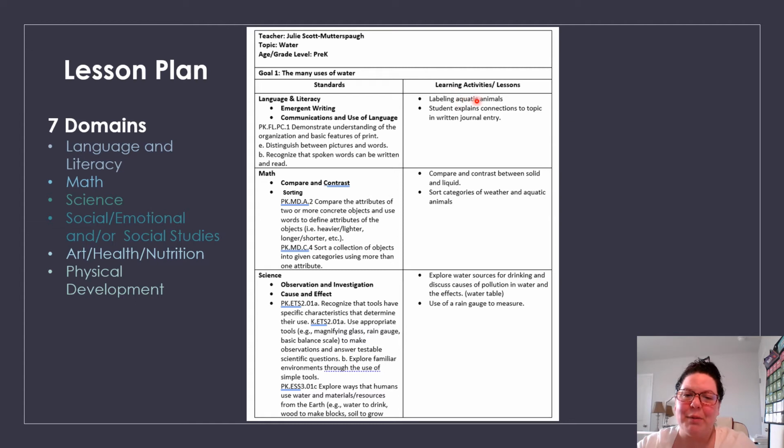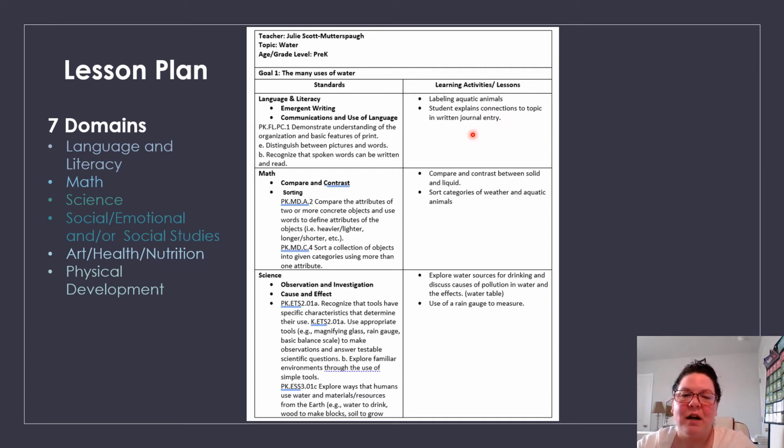So we would be labeling aquatic animals, looking at aquatic animals and maybe trying to label them with the first initial that it begins with. Later in the year, we might move on to adding the entire name of it to see if they can recognize it. But right now, we would begin with maybe the first letter, sounding it out and trying to figure out which label went with what aquatic animal.